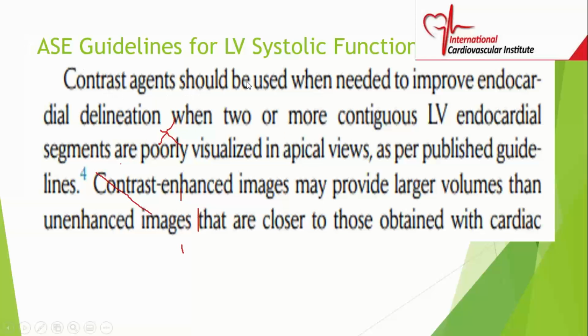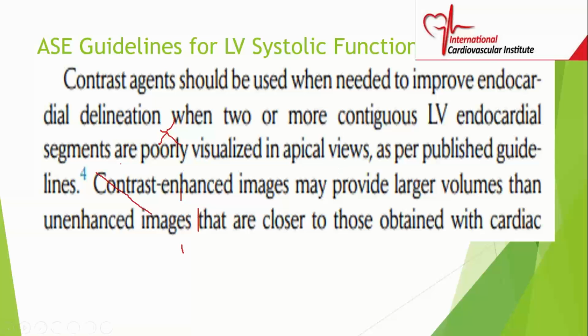And then contrast agent should be used. So again, people doing the exam, this is the indication for contrast. Contrast agents should be used when needed to improve endocardial delineation when two or more contiguous LV endocardial segments are poorly visualized in apical views, as per published guidelines.